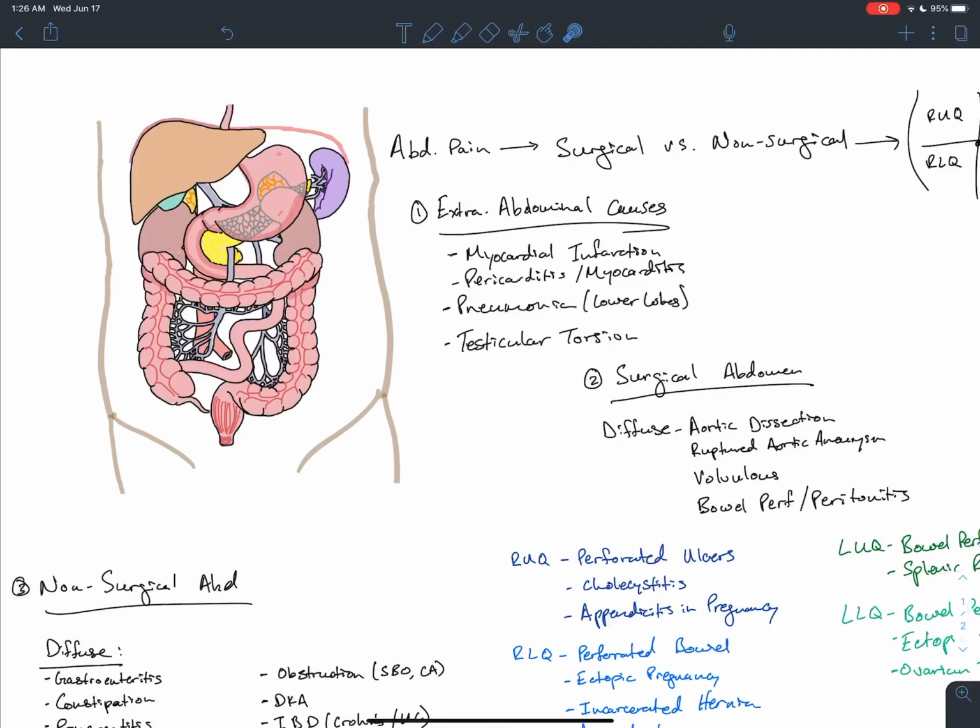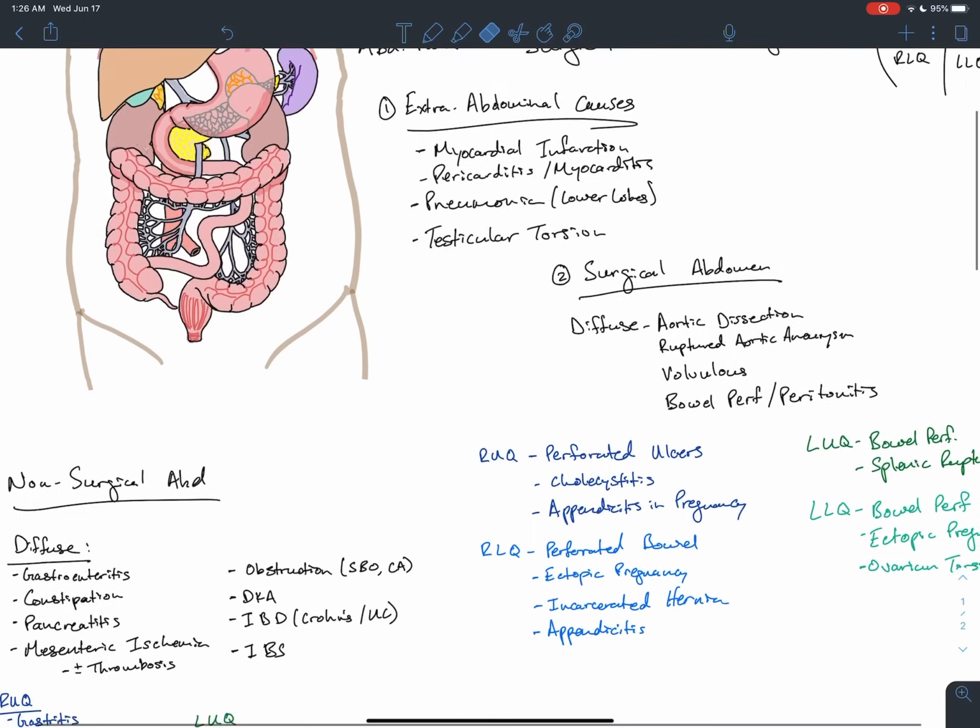But the problem is that if you have appendicitis and you elect to treat with IV antibiotics, and that person has a recurrence of their symptoms, are you going to treat with antibiotics again, or are you going to just go ahead and take it out? A lot of surgeons will just take it out the first time so they don't have to deal with that, because if you leave it there, you've had appendicitis before, you're at a higher risk of developing it. So just something to keep in mind.